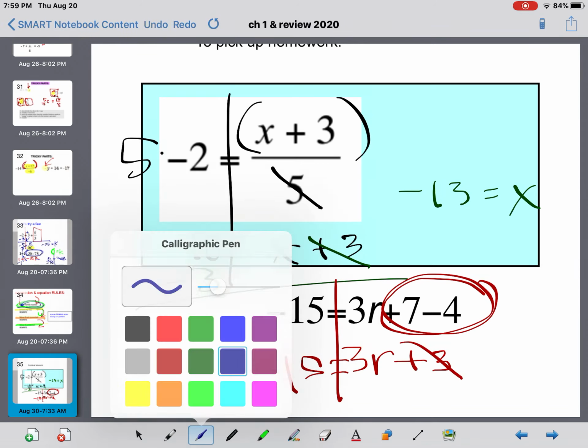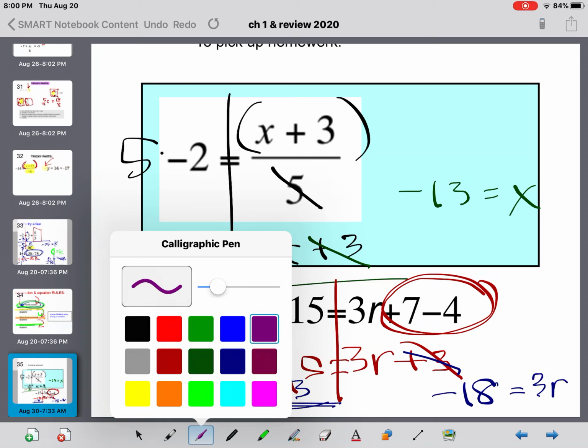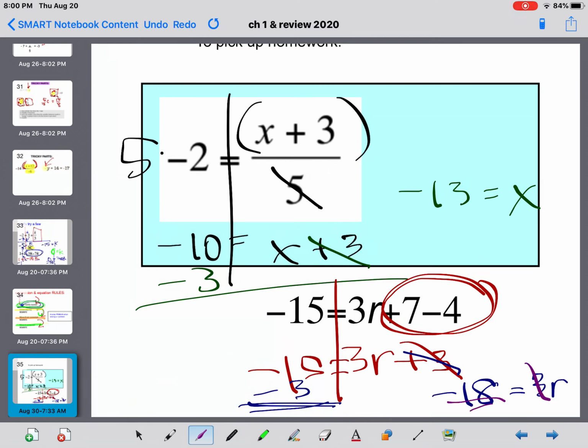This 3 is going to go over to the other side and go minus 3. So right here, I'm left with negative 18 equals 3r. The last step I'm going to do is divide by 3. My final answer is r equals negative 6, it's negative because there's only one negative, and 6.